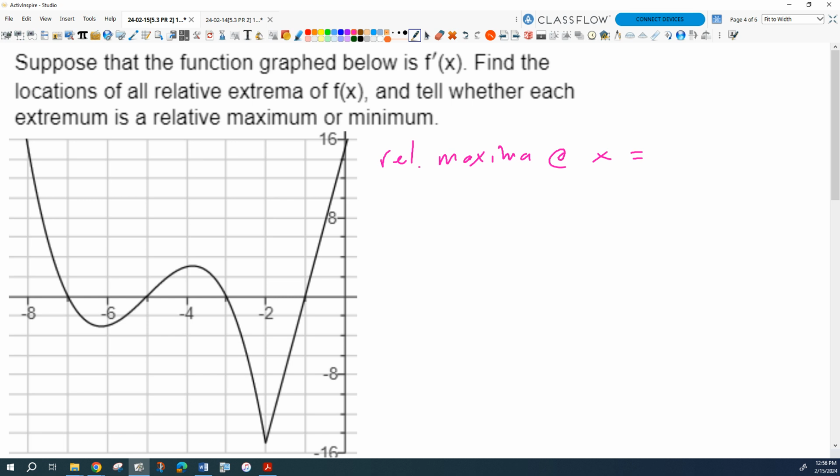There's a place where our first derivative is transitioning from positive to negative. Where's another place? -3, yeah, right there.